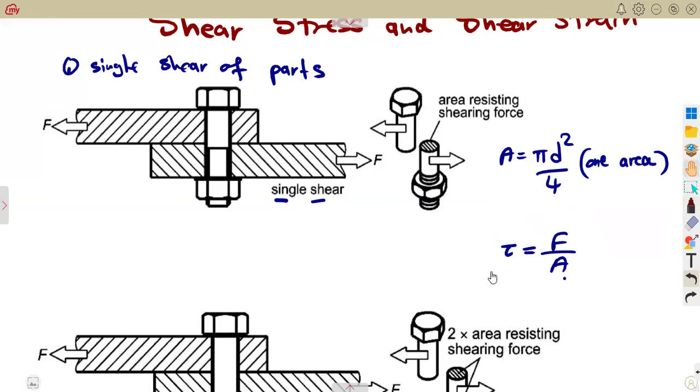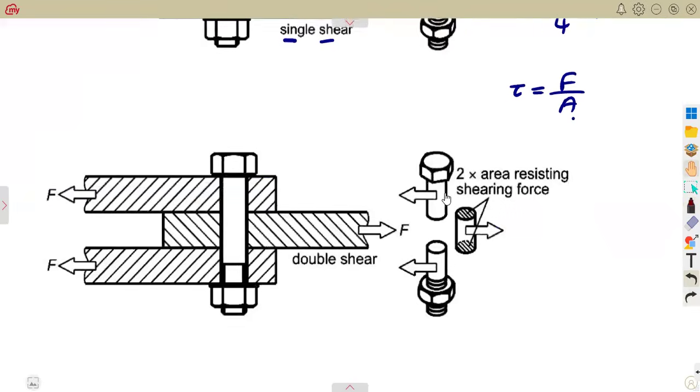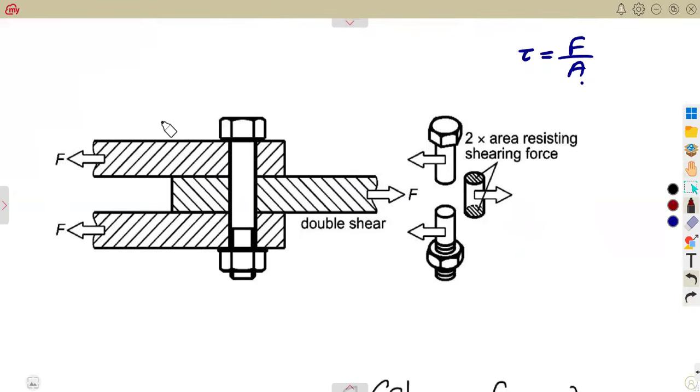When they consider that it's a double, they're going to specify that it's a double shear of parts, like this condition, two forces considered. So we're going to talk of the double shear of parts. In this case, there are now two sections to be considered. So it doubles the area, meaning to say the area is going to be 2 times the area resisting shearing force.